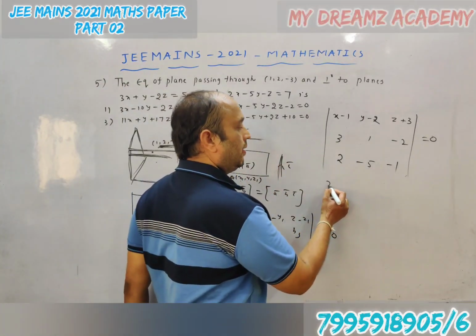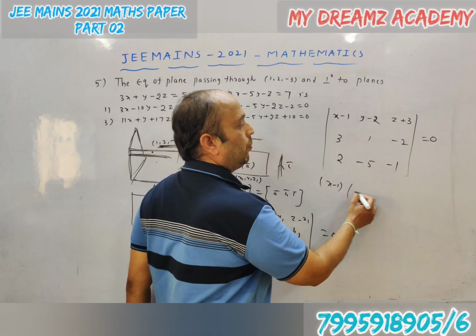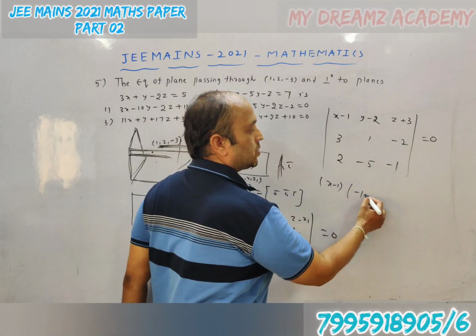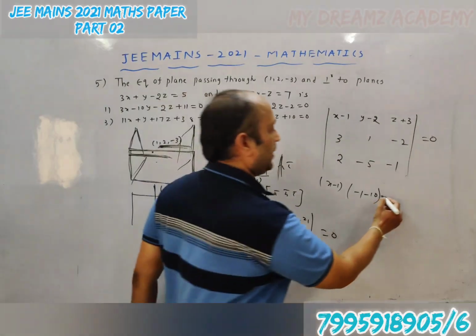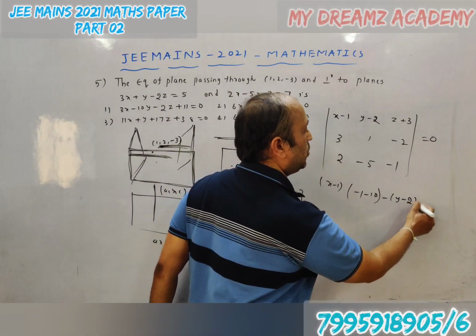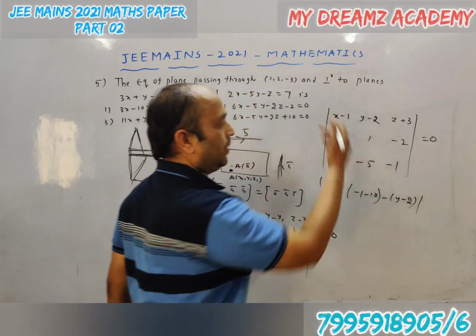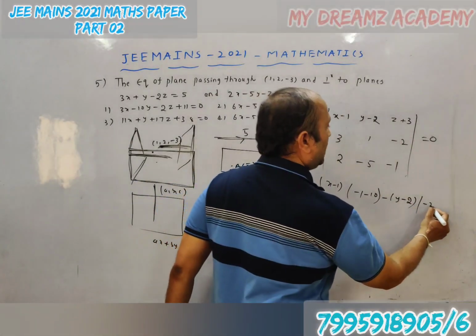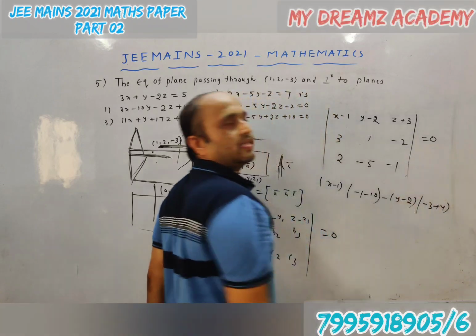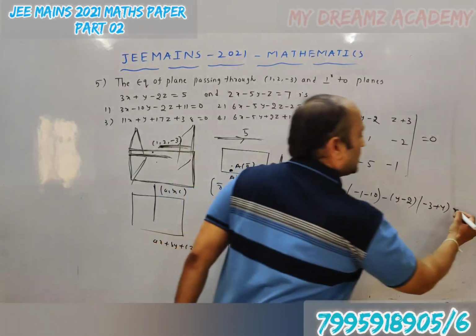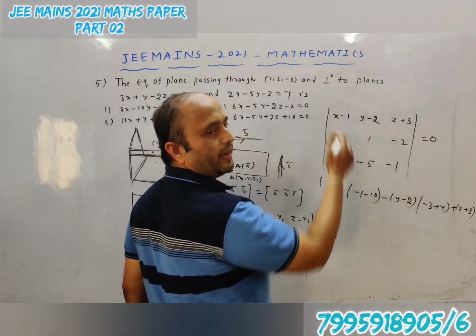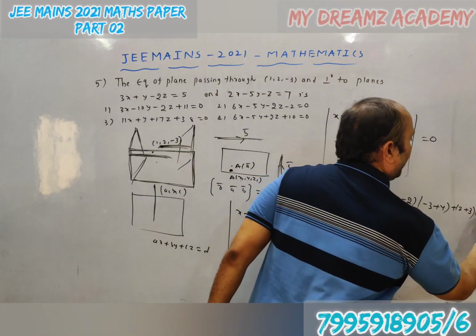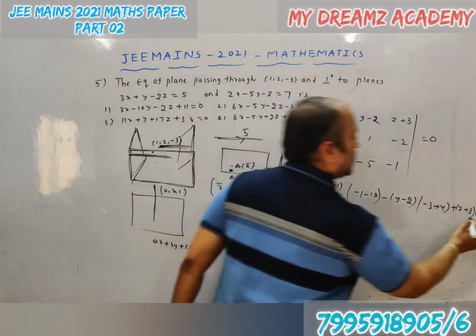So now here, x minus 1 into minus 1 minus 10, which is minus 11, minus of y minus 2 into minus 3 plus 4, plus z plus 3 into minus 15 minus 2.